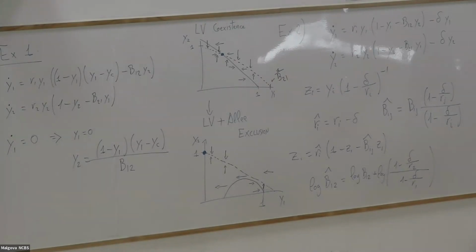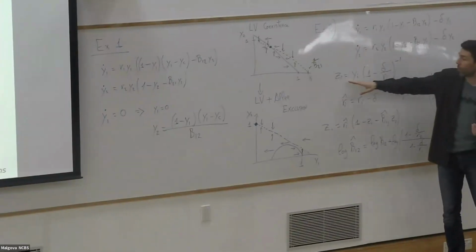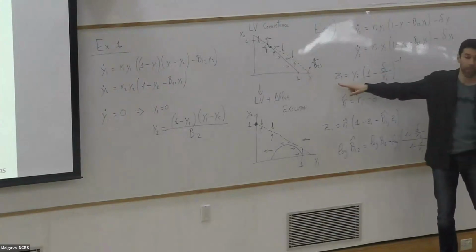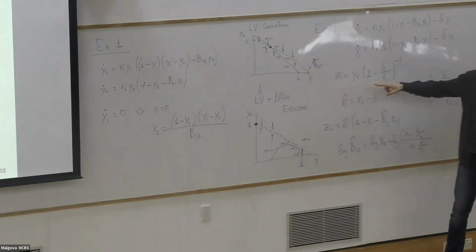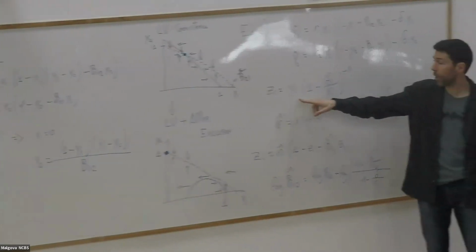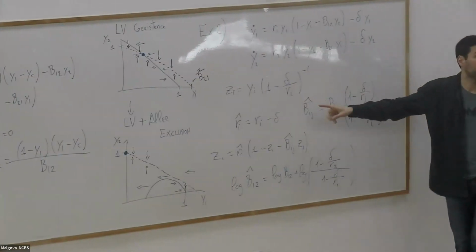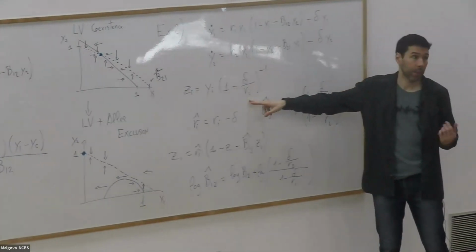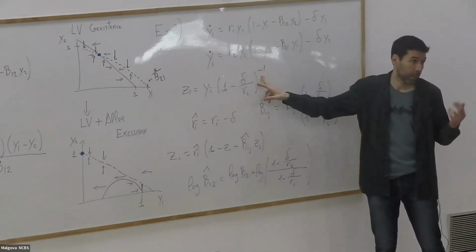Yeah, so let me quickly guide you through the steps to solve the second exercise first. The idea that they had, after some work, is to write the equations in terms of this new variable, the y variable for each species, 1 minus delta over its growth rate to the power minus 1.